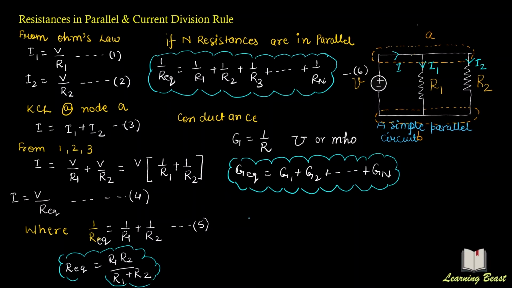So now we will move further to the current division rule. Now we will combine equation 4 and 1. So from equation 1 and 4, what will happen? This current I1, which is flowing through the resistance R1, is equal to V. That value of V is I into R equivalent divided by R1.